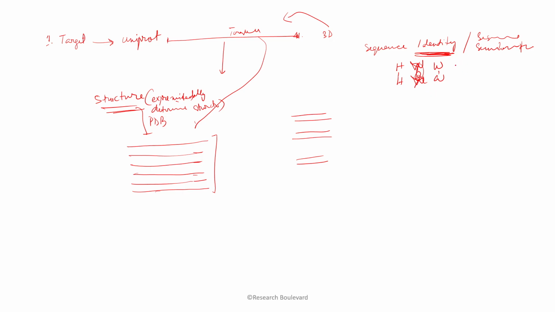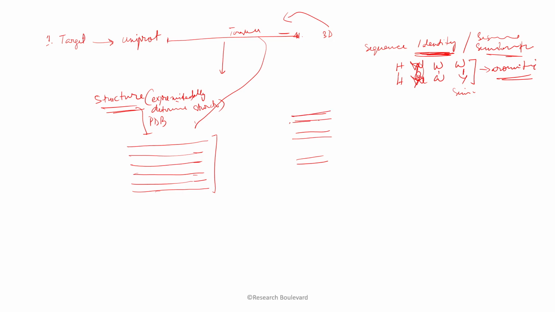But say you have tryptophan here and tyrosine here, these are similar, okay? Their properties are similar, they are both aromatic. So we are not looking for similarity in case of searching templates for this target sequence.